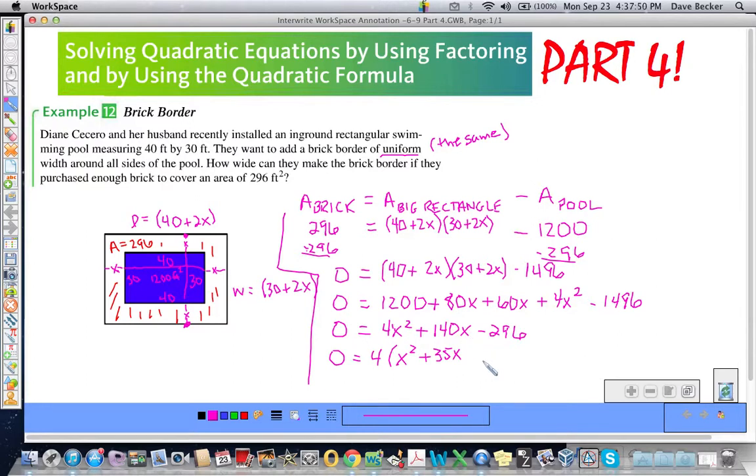So that is going to be minus 74. You'd have to figure that out on the side there. Okay, then I'm going to divide both sides by 4, right? Kapow, that cancels out. Okay, so now I have to move up here, right up here. 0 divided by 4 is 0. And that's going to equal x squared plus 35x minus 74.